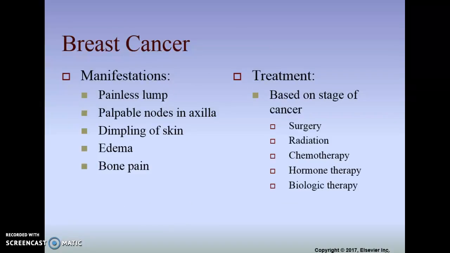Alright, so manifestations of breast cancer: painless lump, palpable nodes, dimpling of skin, edema, bone pain. That bone pain is generally going to be an indicator of metastases.